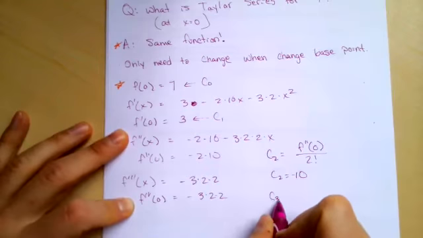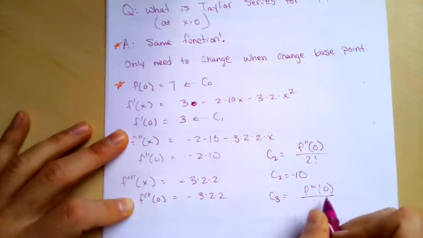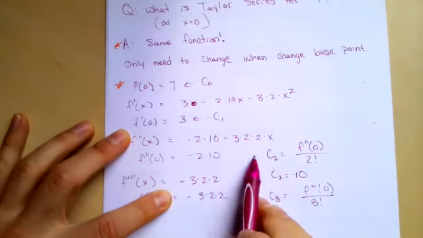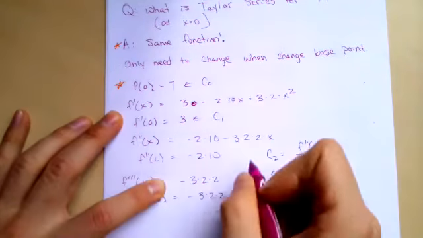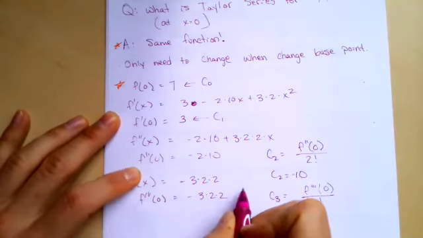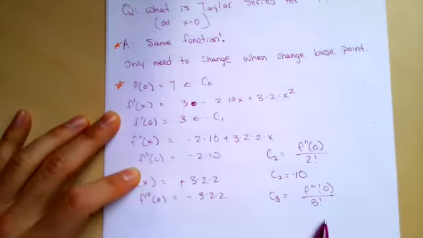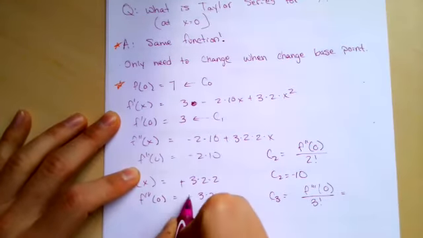And likewise, our C3 is F triple prime divided by this 3 factorial. So we're going to divide out by the 3 and 2. Why do we have a negative here? Should that one be negative? I think I missed that. That should all be positive, right? From that positive. And what are we going to get? The 3 and 2 will cancel.